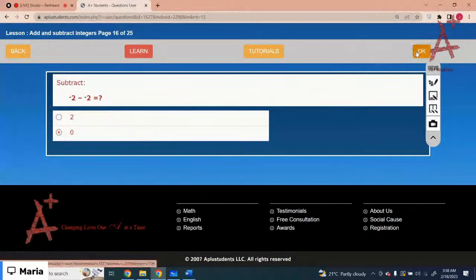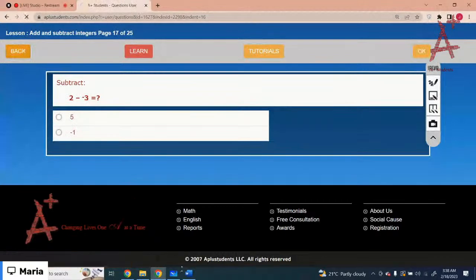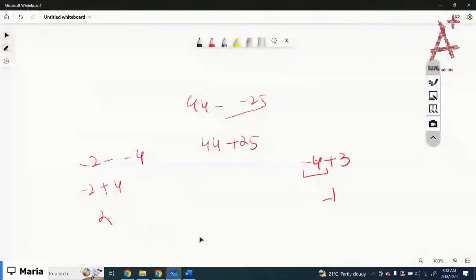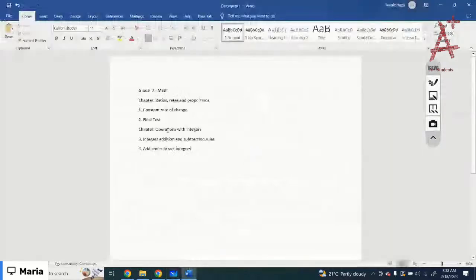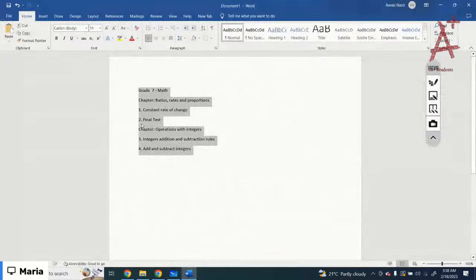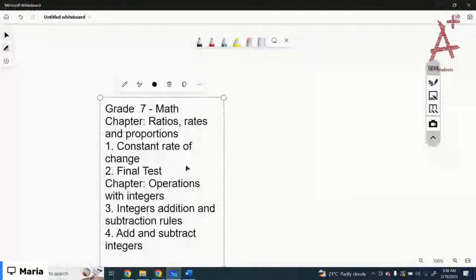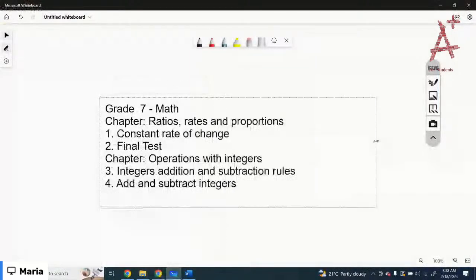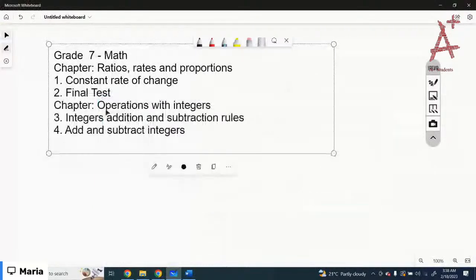Okay, you can complete the test by yourself later today. So we're working on grade 7 maths. Here is the list of the lessons we have covered today. We have started with the chapter ratios, rates, and proportions, and the lesson we did from the chapter is constant rate of change.